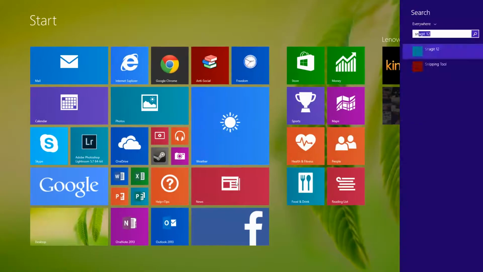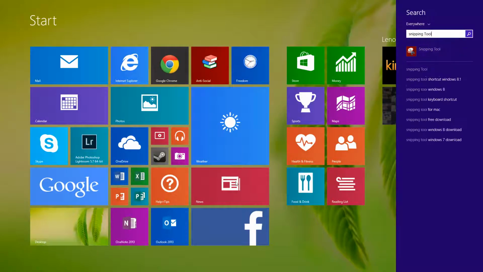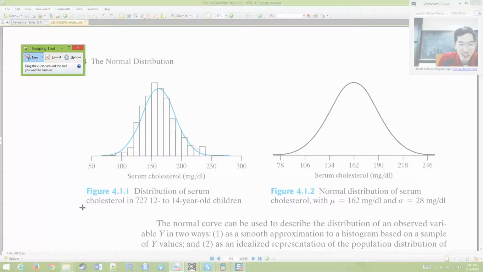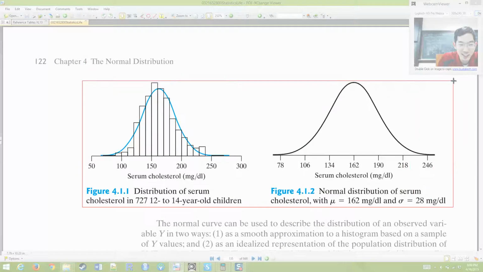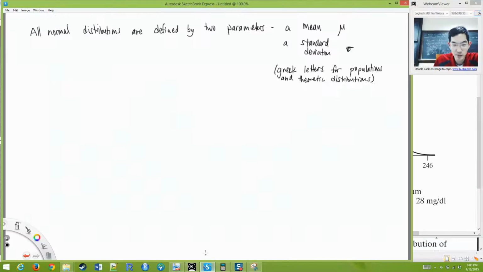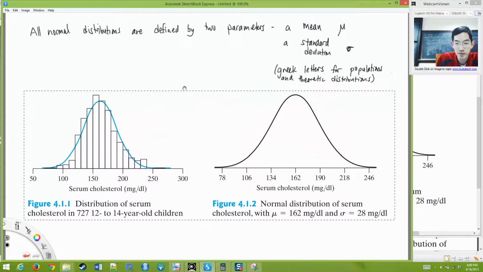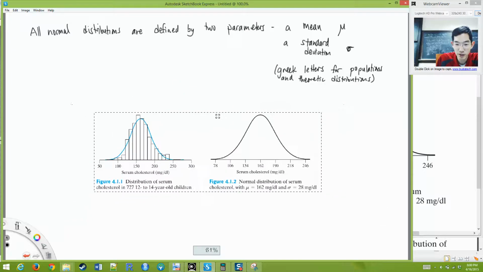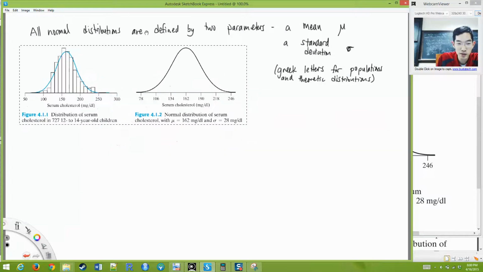Come back. Here we are. Yes. Let's shrink that a little bit. Put that right there.